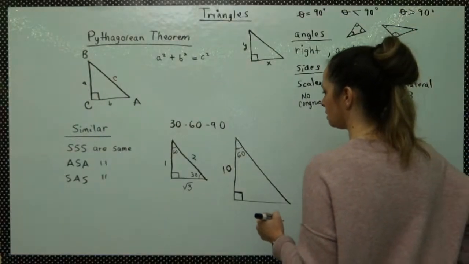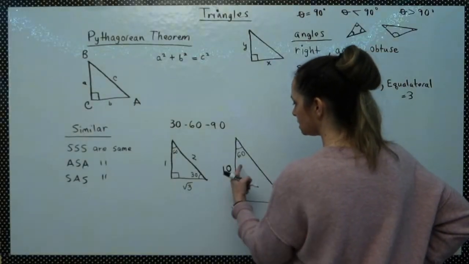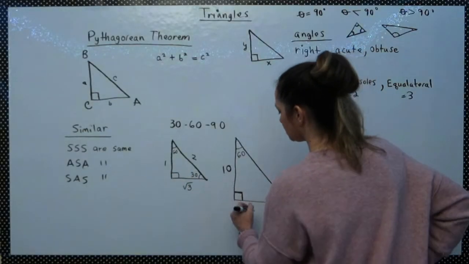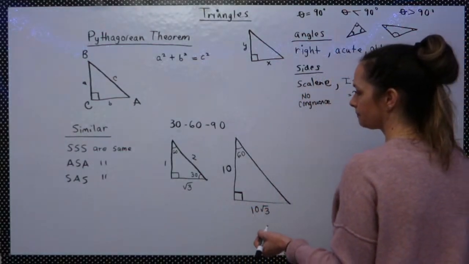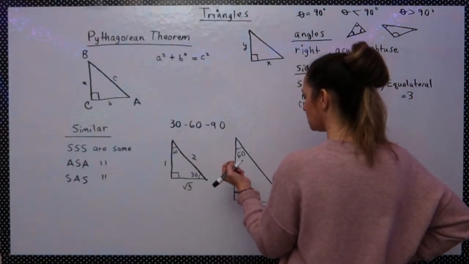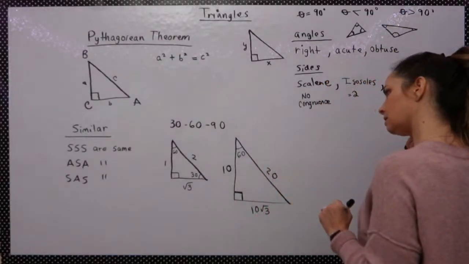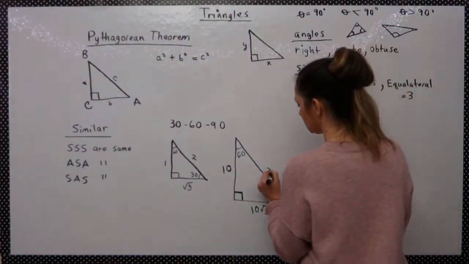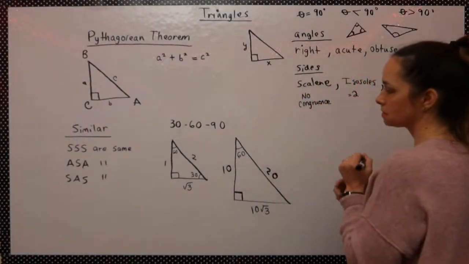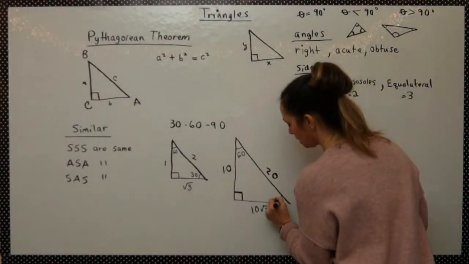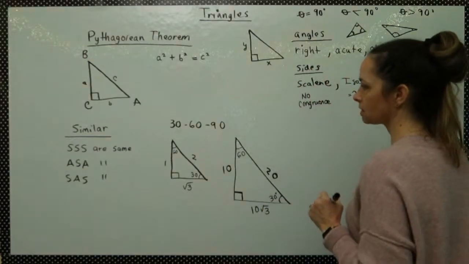Then you could figure out, according to this, you know that this 1 to radical 3, so this side length is going to be 10 radical 3. And then this side length would be 2 times 10, which would be 20. And this is just using the similarity concept. So you could find out all your dimensions if you knew that one angle, 30 degrees, just as a quick example.